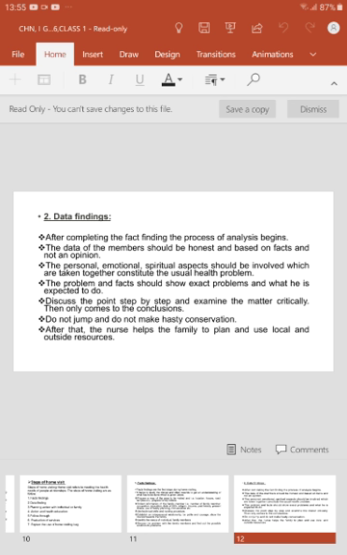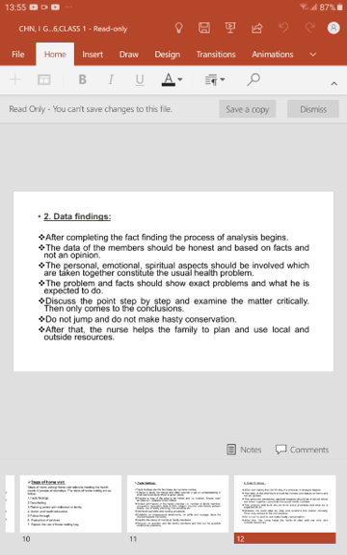The personal, emotional and spiritual aspects should be involved, taken together in considering health problems. So we can give health counseling in the personal, emotional and spiritual ways to promote the health of the people and solve the health problem.